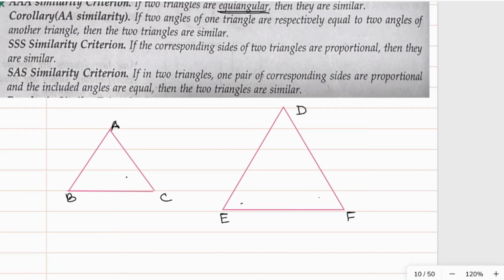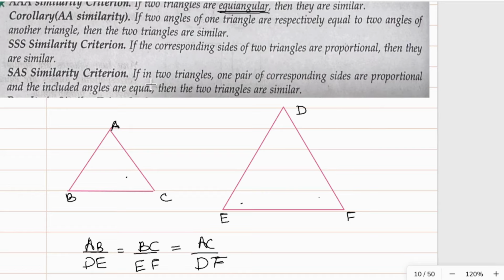For example, AB by DE equal to BC divided by EF equal to AC by DF. In this case, we can tell that these two triangles are similar. That means if the sides are proportional, it is the SSS similarity criteria. Then one more similarity criteria is the SAS.